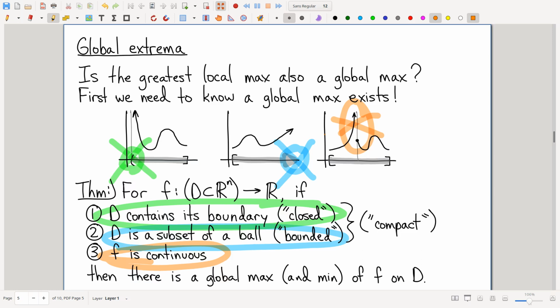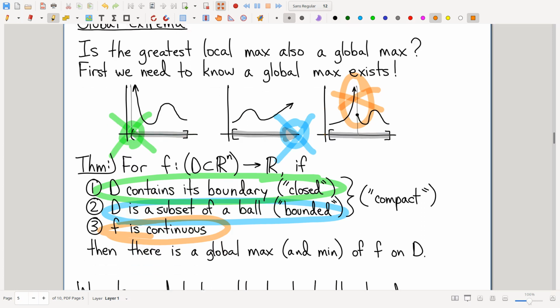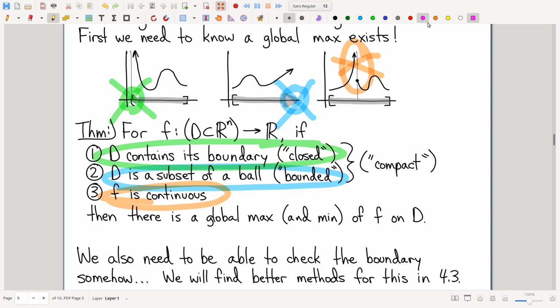If these three conditions are all satisfied, none of these shenanigans are possible. And it turns out, in some sense, these are the only possibilities. These are the only ways in which a function can fail to have a maximizer. And so if none of these things happen, in other words, if all three of these conditions are satisfied, then there is a global max. And then your process of elimination makes sense.